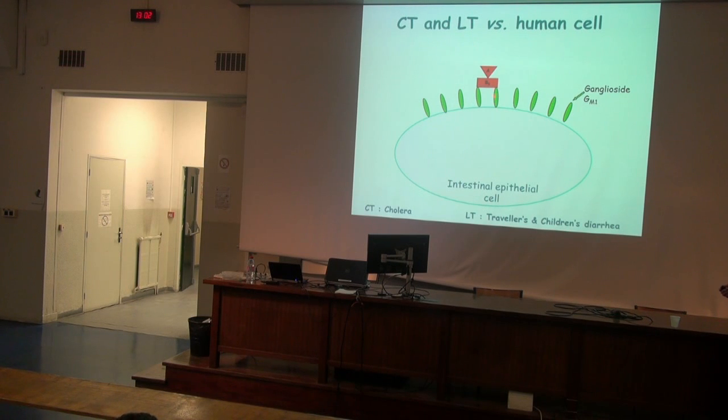And then there is an enormous complicated process by which the A subunit by itself enters the cytosol and modifies one arginine of GS alpha, if you like, how small modifications can have enormous effects, and that deregulates totally the signaling in the cell.